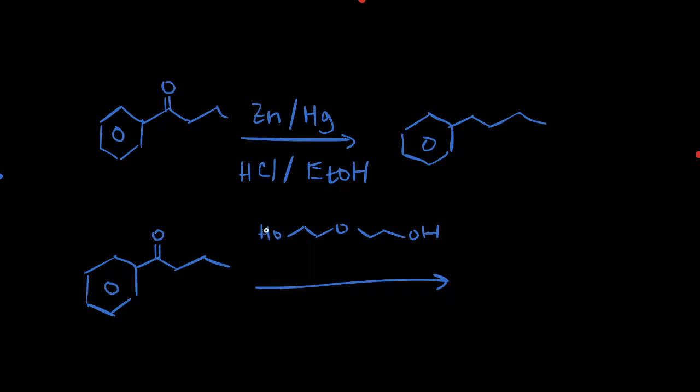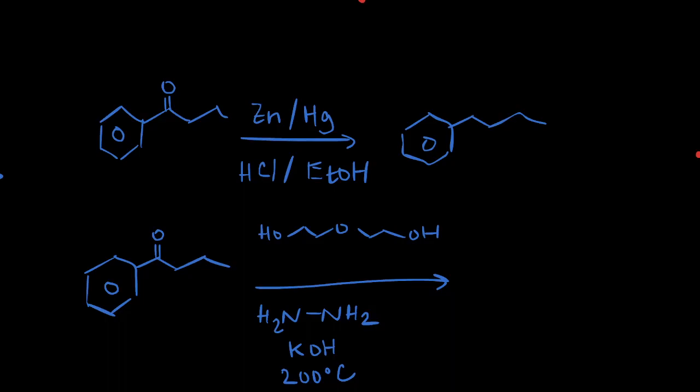And now what we're going to also need is something that looks like this, as well as our KOH. And all of this needs to be occurring at 200 degrees Celsius. So there's a lot more details going on here for our Wolff-Kishner reduction.